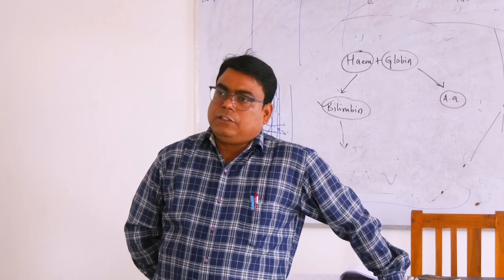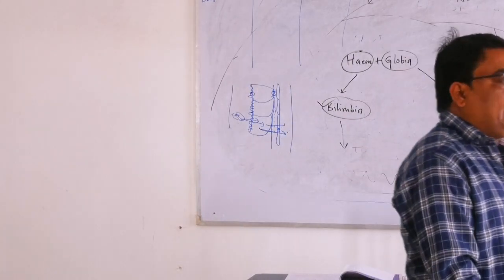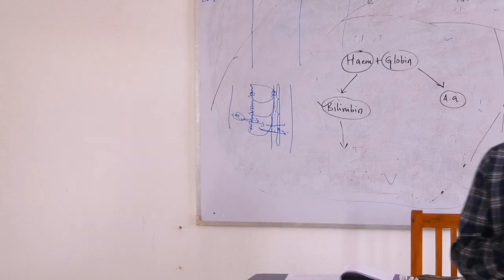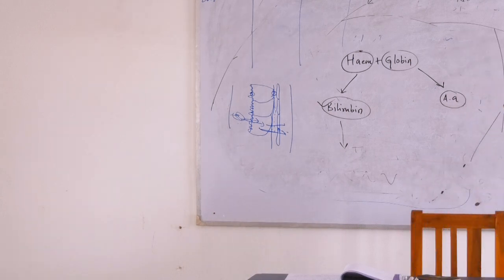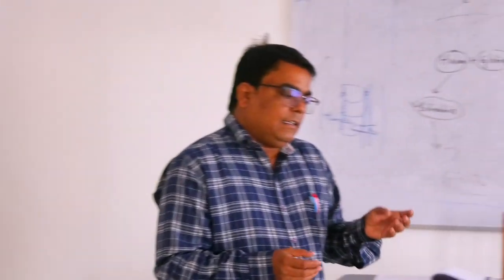We can divide jaundice into three main types on the basis of hepatic condition. Pre-hepatic, the hemolytic jaundice. Post-hepatic, that is obstructive jaundice. Hepatic jaundice, where no conjugation occurs, so the bilirubin level increases.